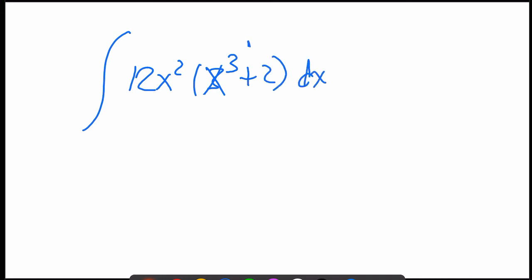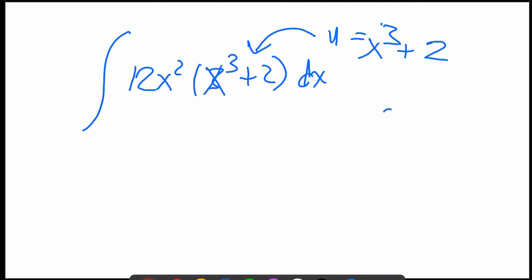So if you have the integral of 3x cubed plus 2 dx, you can make that u, so that u equals x cubed plus 2. Yes? And then you can do stuff. Okay?